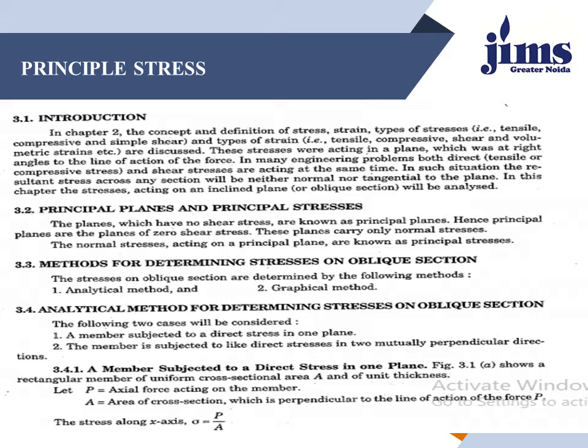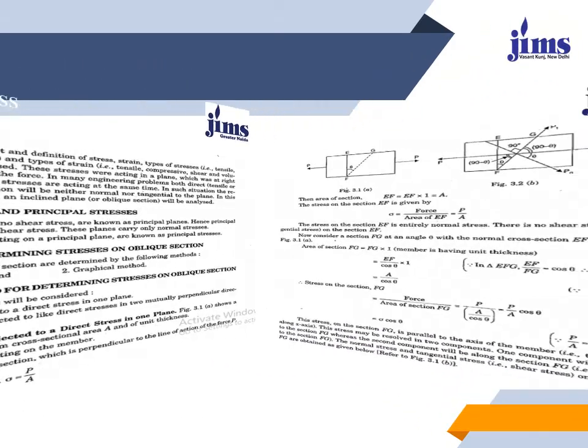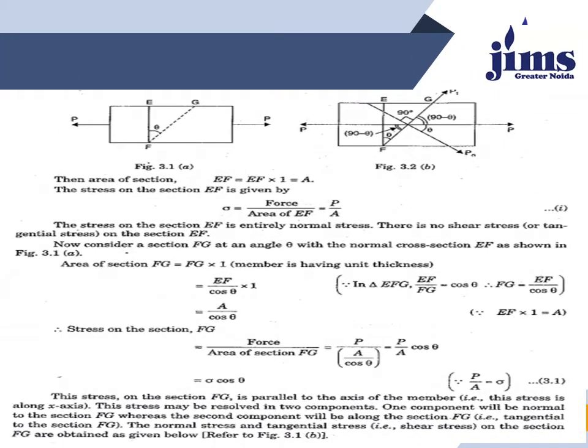So, the first case is a member subjected to direct stresses in a plane. Figure 3.1 shows the direct stresses on a plane. Suppose the inclined plane is EFG, which is inclined at an angle theta with the plane EF.